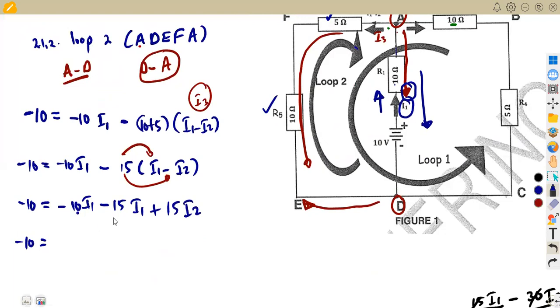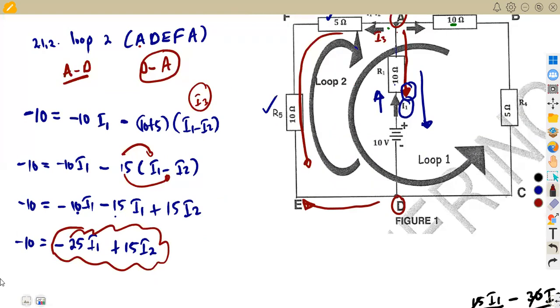So negative 10, negative 15 is negative 25 I1 plus 15 I2. Here we can just transpose, just like the previous case. We can write this on the left-hand side: negative 25 I1 plus 15 I2 is equal to negative 10.